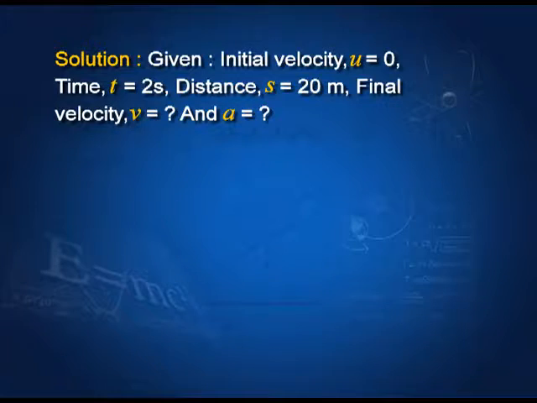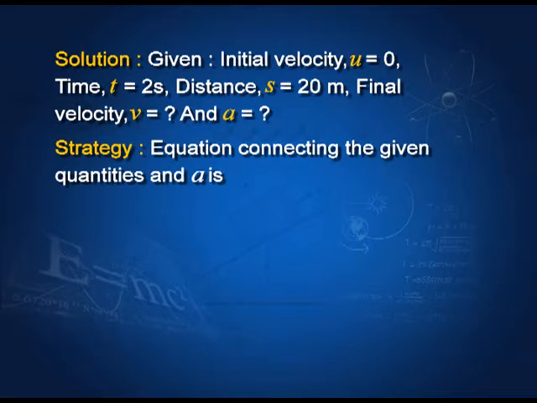Again, we note that we are given initial velocity, which is 0 because we started from rest. We are given time t equal to 2 seconds, and we are given distance equal to 20 meters. For the final velocity, we have to find v, and we also have to find a. Now, the equation connecting the given quantities and a is s equal to u t plus half a t square.